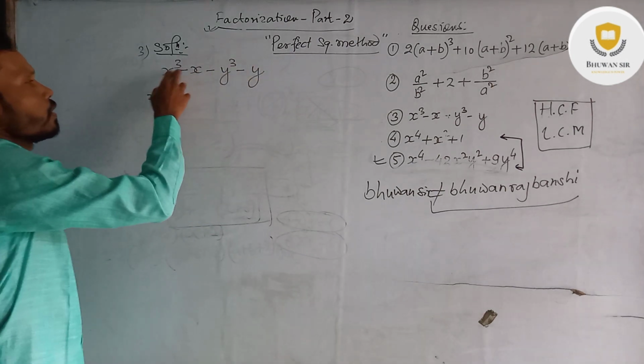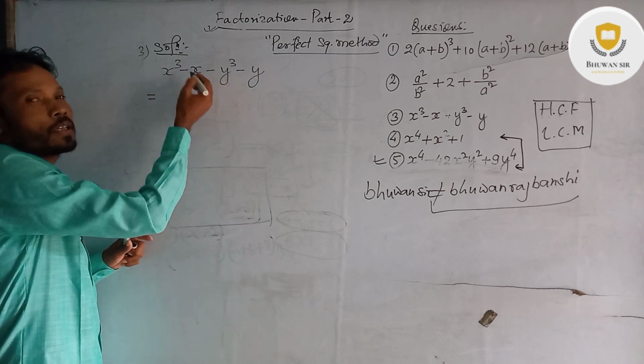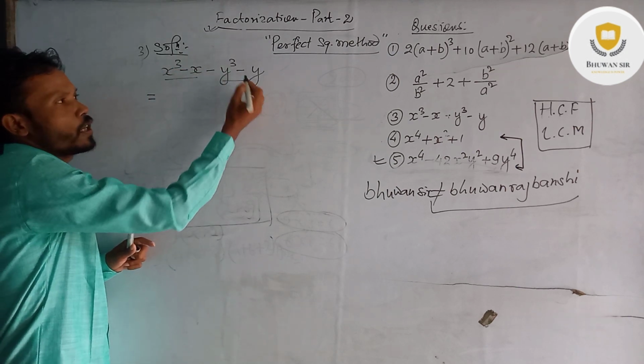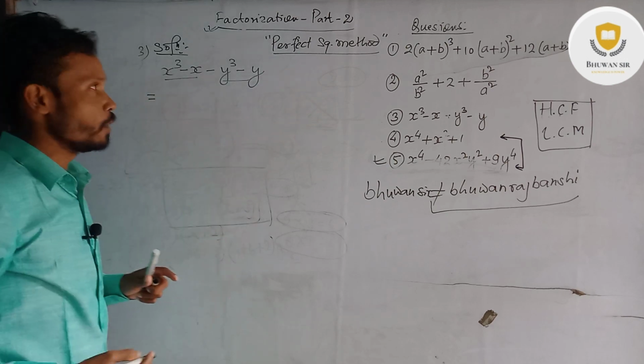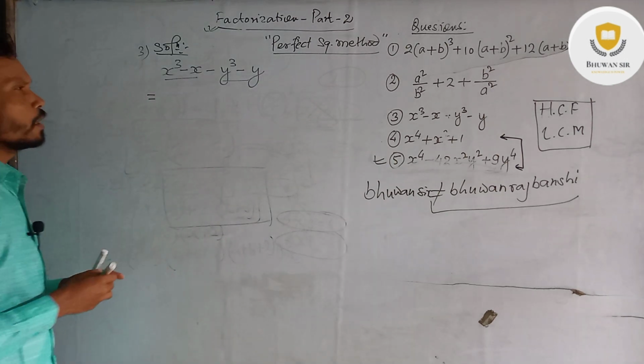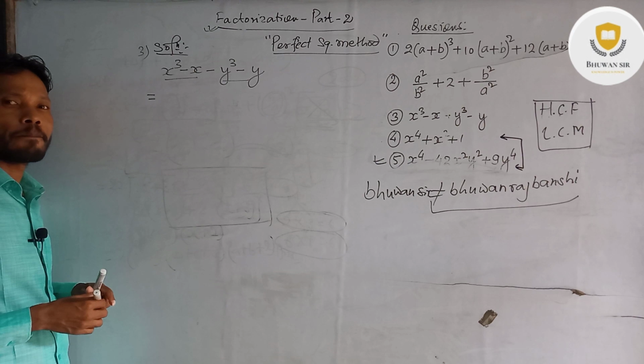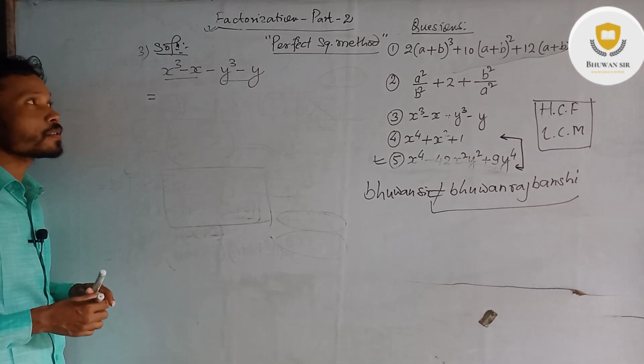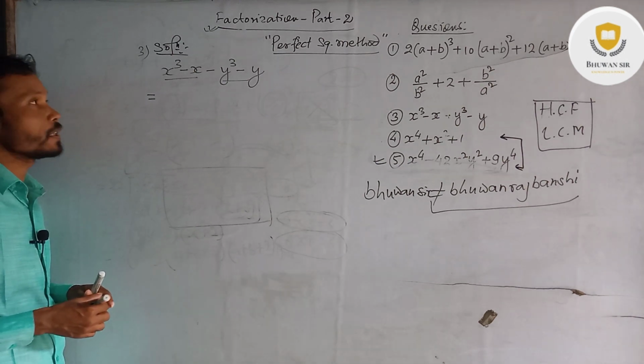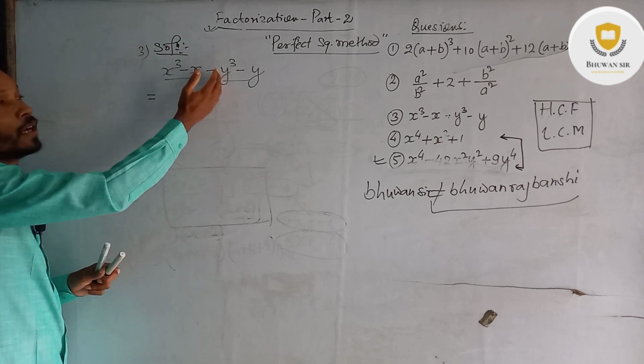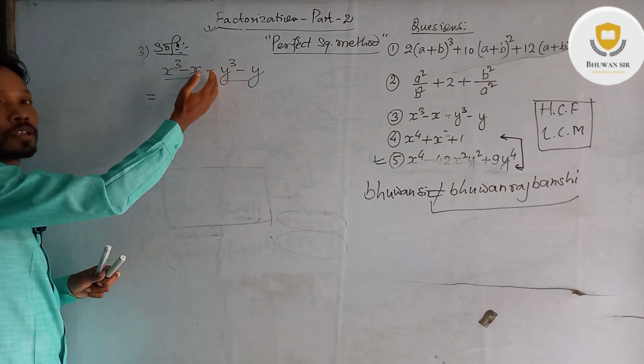If it is able to separate into pairs, like this is the first pair, this is the second pair, then what we always have to think is that there may be a requirement of adjustment. Adjustment means we may rearrange the terms.